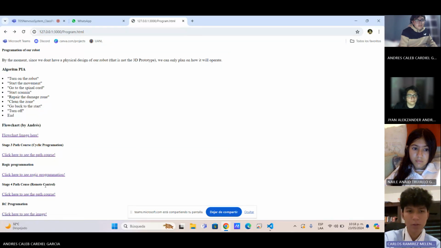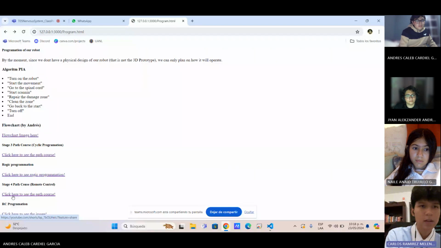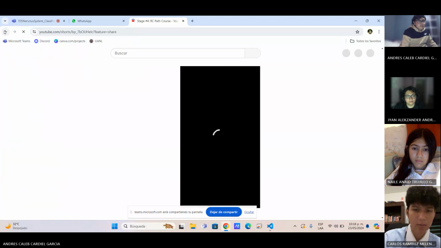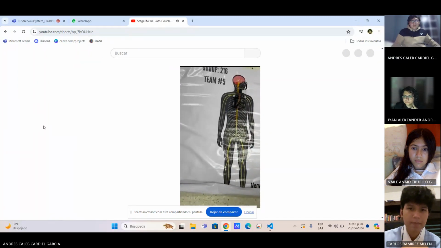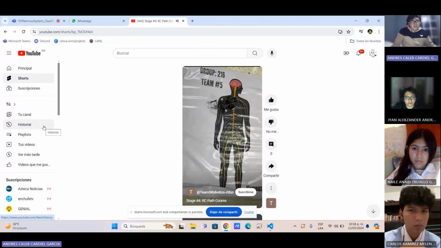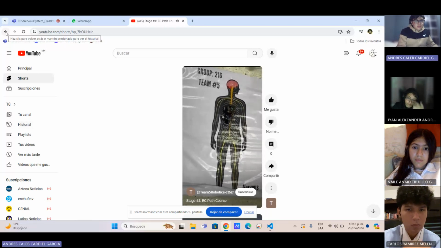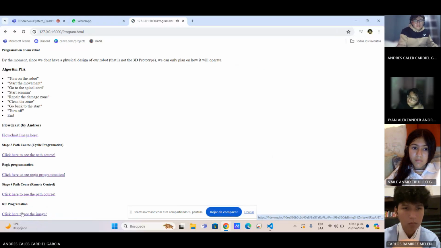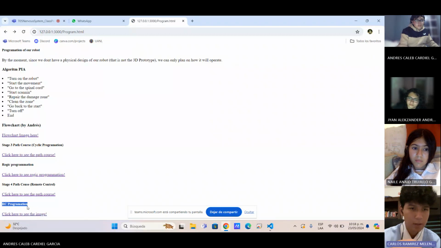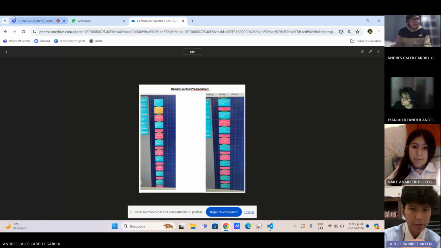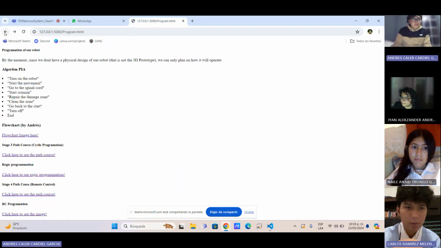And now we have the remote control, which is made of blocks that have the remote control with an 8 block. And finally, we have the RC programmation. So here is what we do to make it work with the remote control, and that's all.